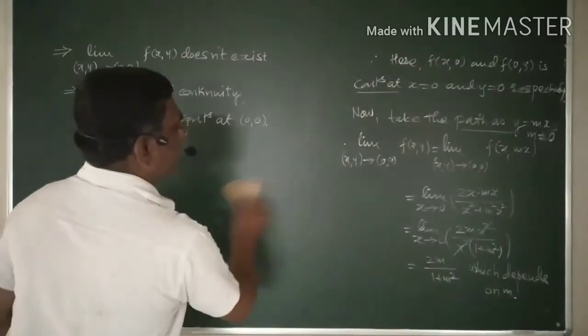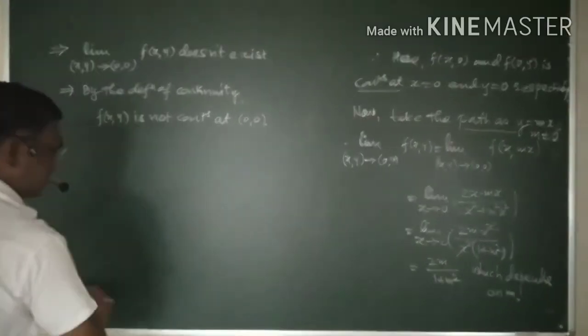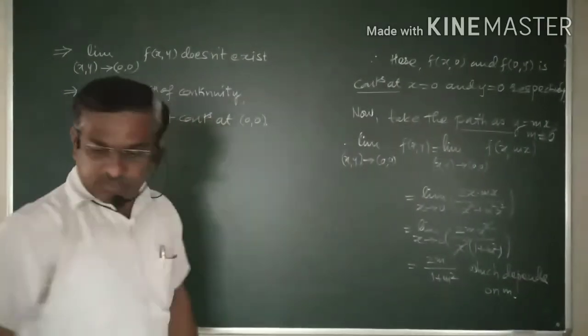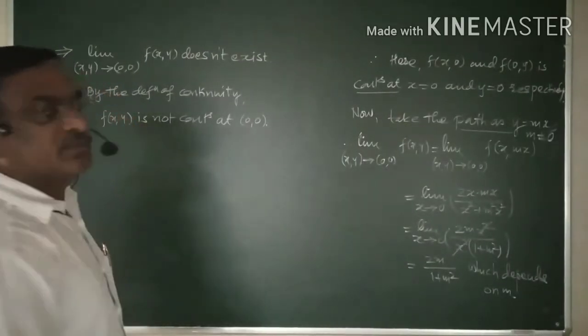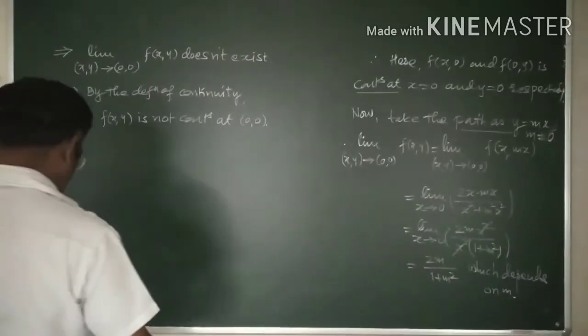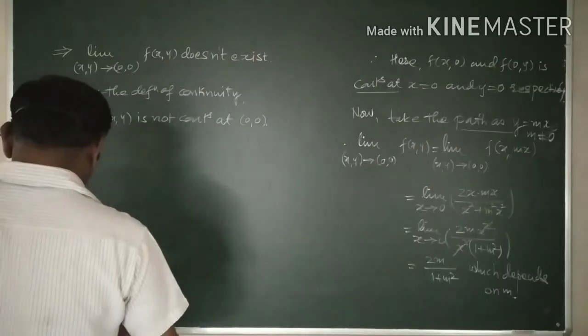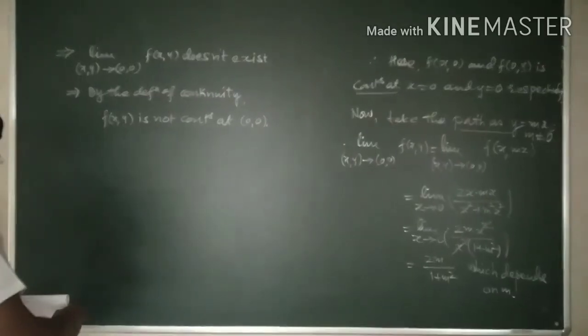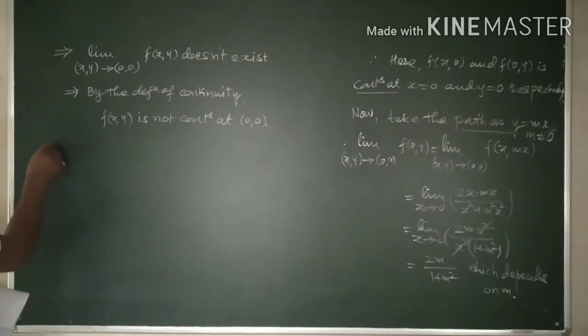Well, now let us go for another example on continuity. Of course, other examples depend on how to show that a given function is continuous. Well, let me take this as an example.